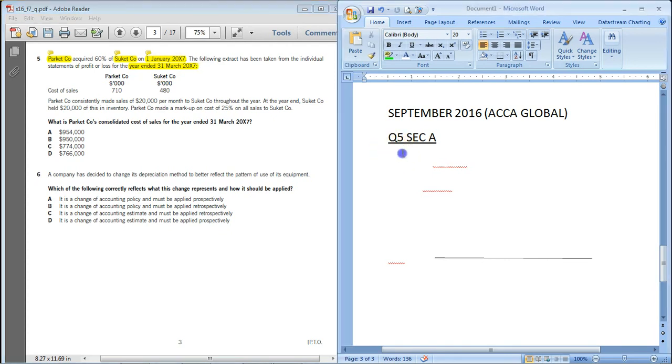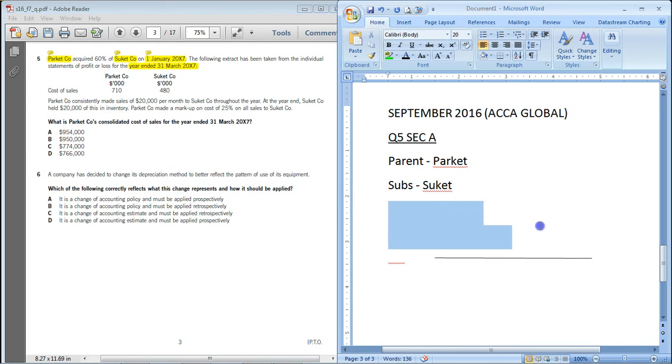So who's your parent? As you can see, it is your Parker, and who is your subsidiary just now? It is your Suket. So as you can see here, when is your DOA? DOA is on the 1st January 2017, and your year end, this period is only 3 months.